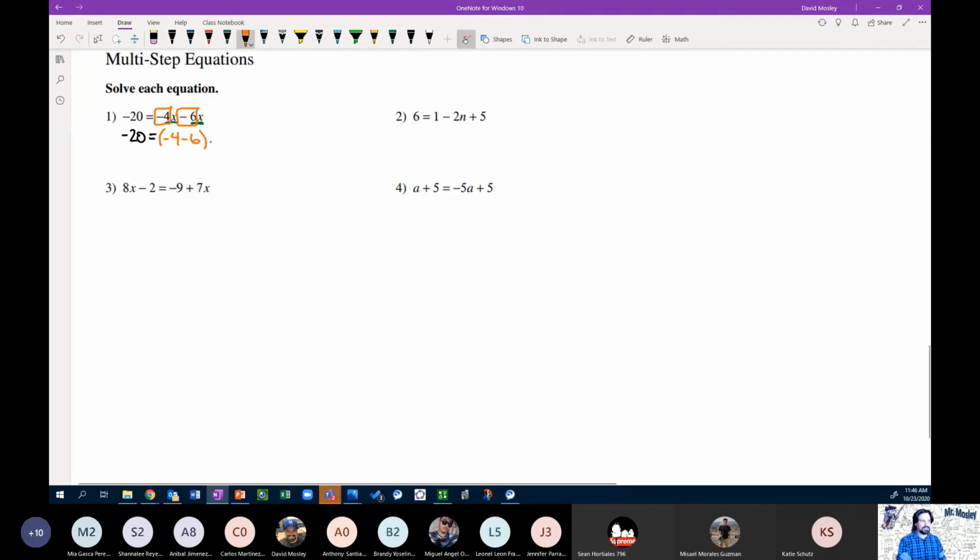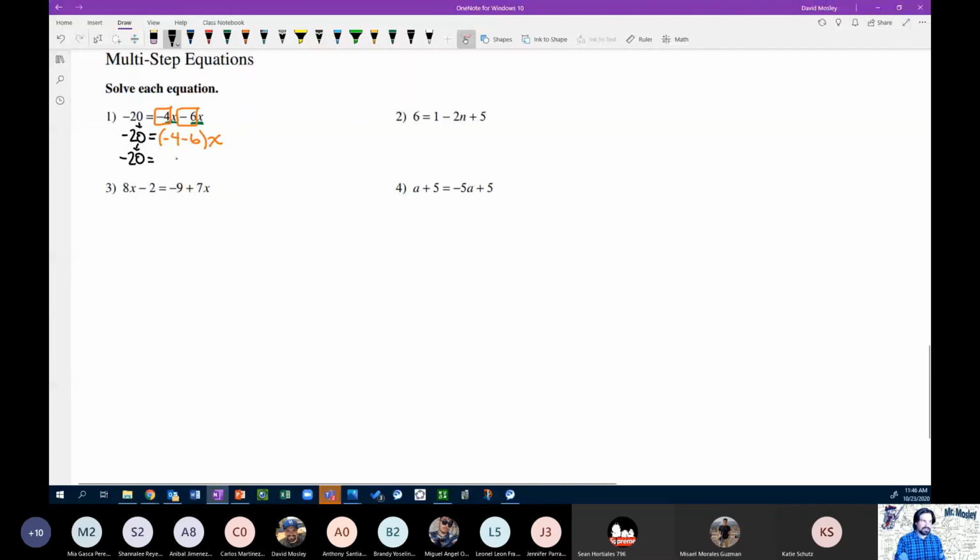We put it in the parentheses here with the variable to the outside of the parentheses. All right. And then in our next step, notice this -20 is just moving with us to our next steps.